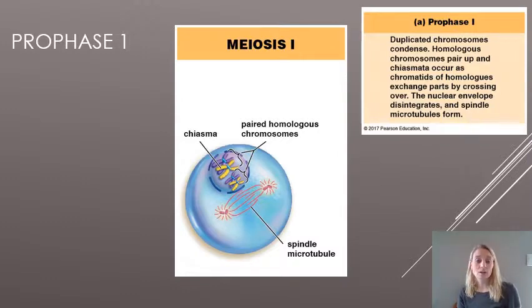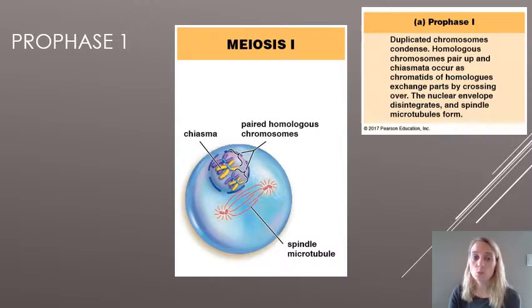So don't forget the numbers. You can either use regular numbers or you can use Roman numerals, like the 1 line and the 2 lines. I don't care. But just keep track of mitotic prophase, metaphase, anaphase, telophase, and meiosis prophase, metaphase, anaphase, telophase 1 and 2. So just keep that in mind. Don't forget those numbers. Okay, so some similarities, right? I said we were going to talk about some similarities and differences.